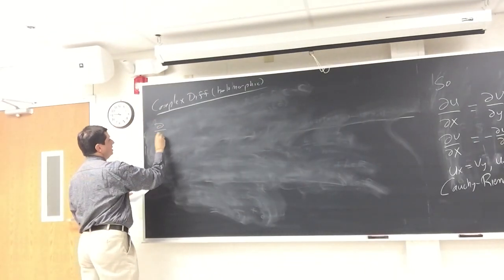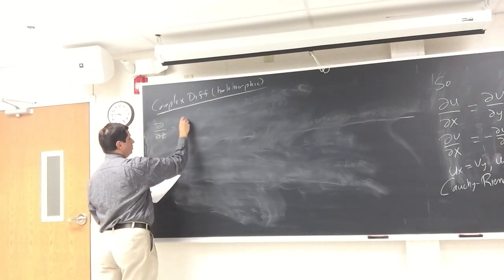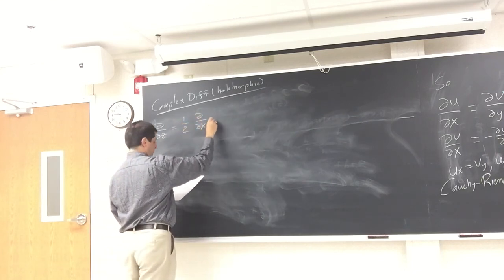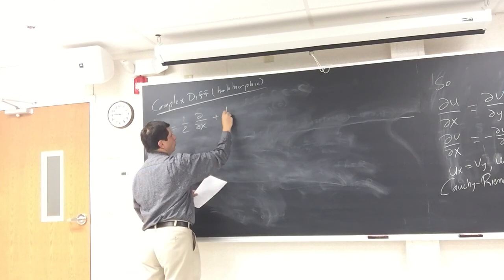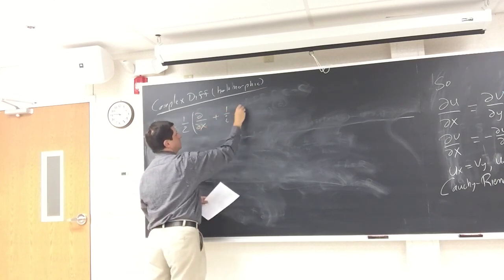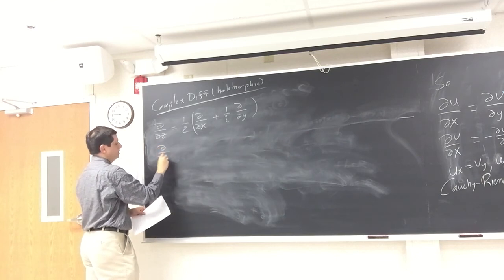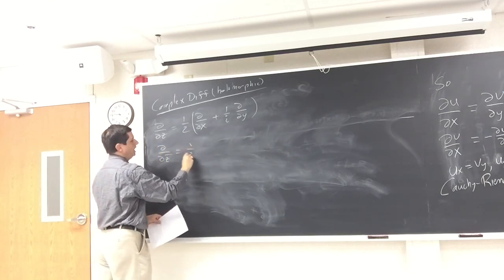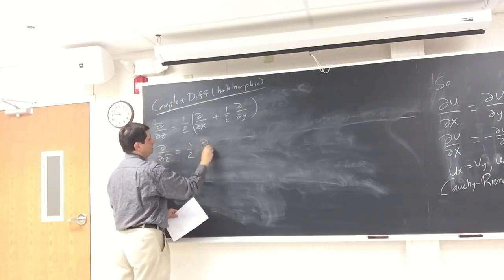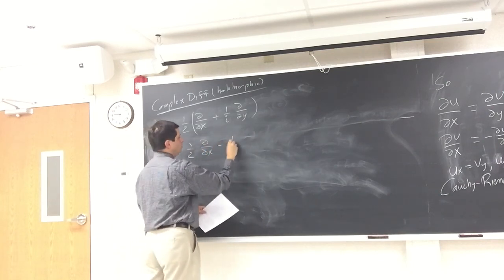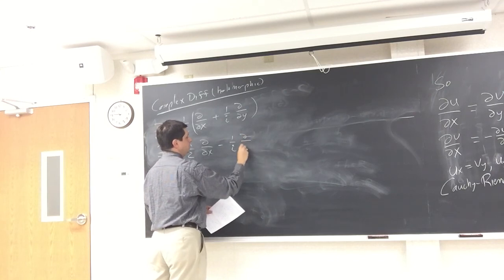I will have d by dz equal to 1/2 d by dx plus 1 over i d by dy. And d by dz bar will be 1/2 d by dx, and I believe it's minus 1 over i d by dy.